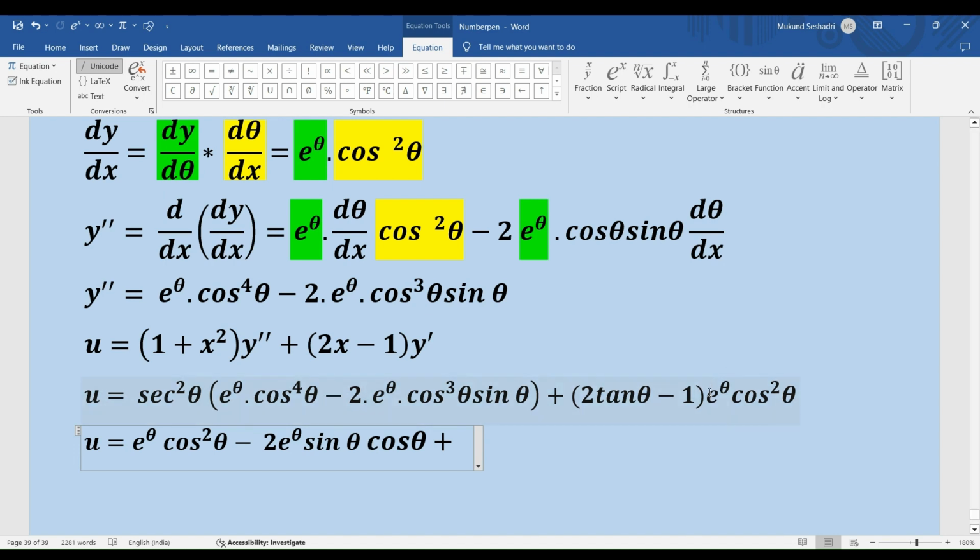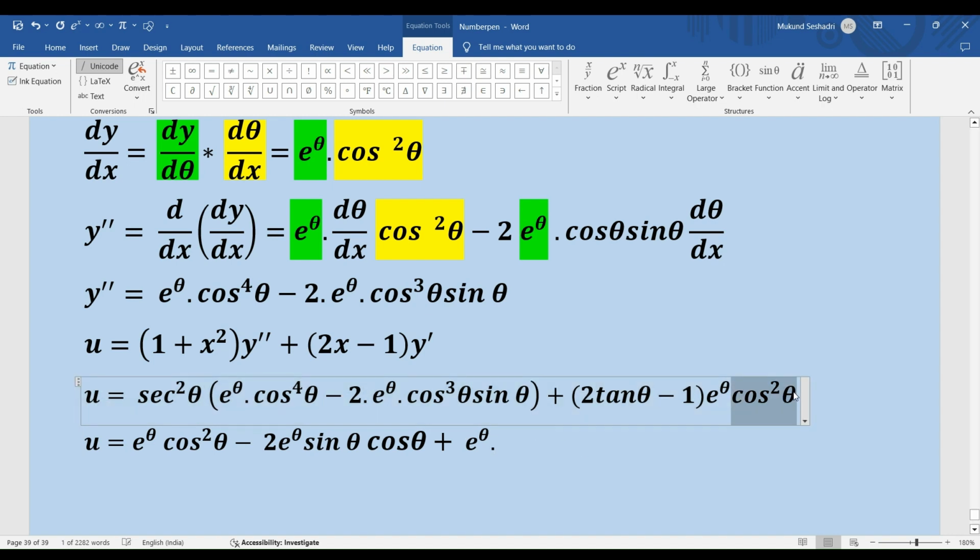So let's pull out the e to the power theta first. My tan theta is nothing but sine theta by cos theta, right? So 2 tan theta becomes 2 times sine theta by cos theta into cos square theta, which means I can cancel out 1 cos theta of the cos square theta, right?